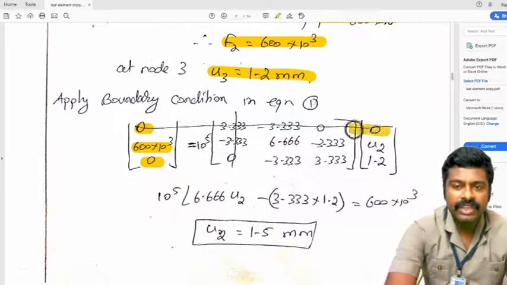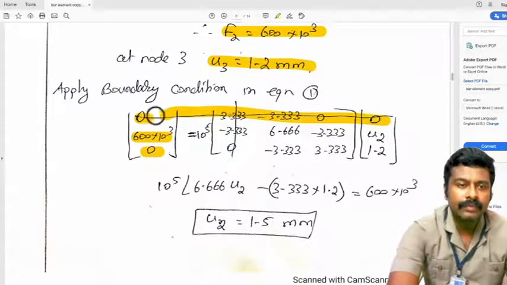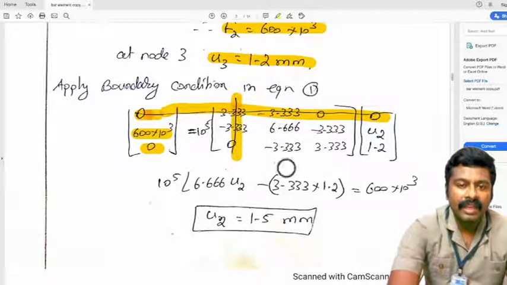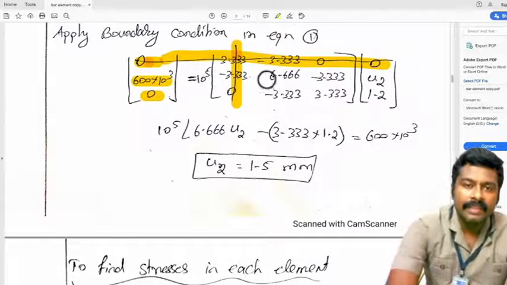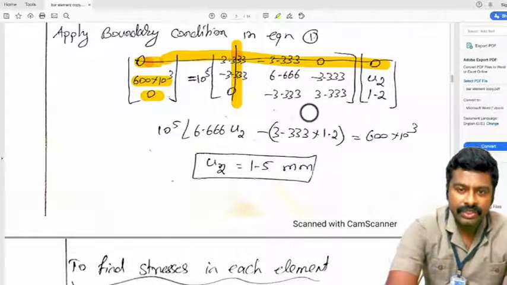Therefore here we strike out the first row and first column. Then simplify this. This matrix form is transformed into simultaneous equation form.